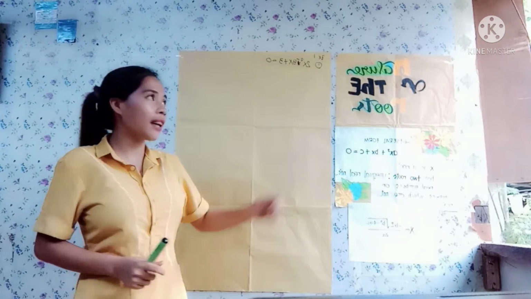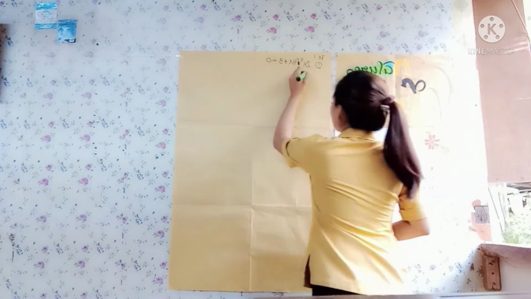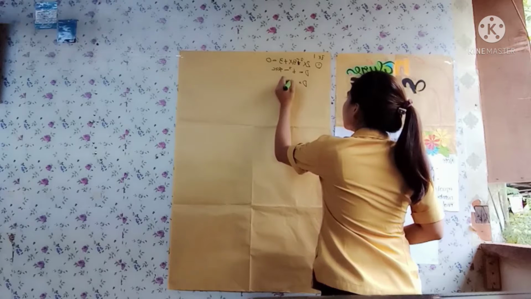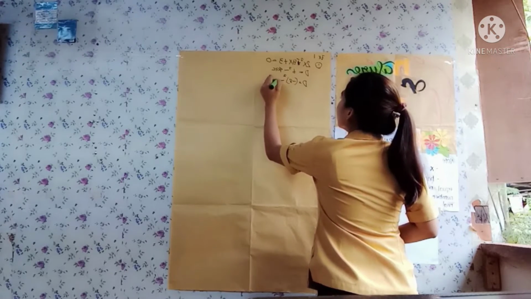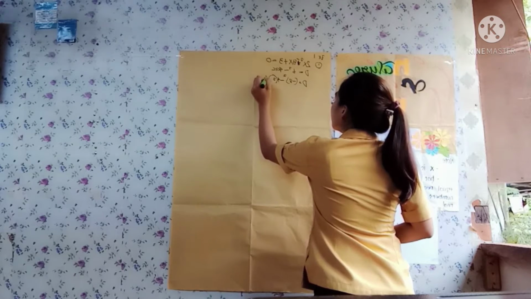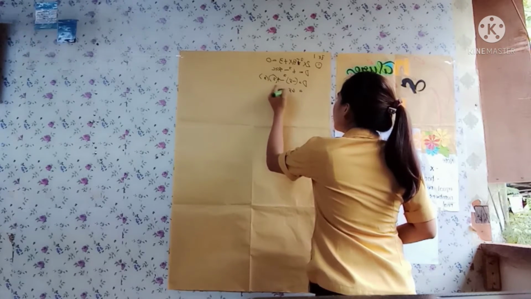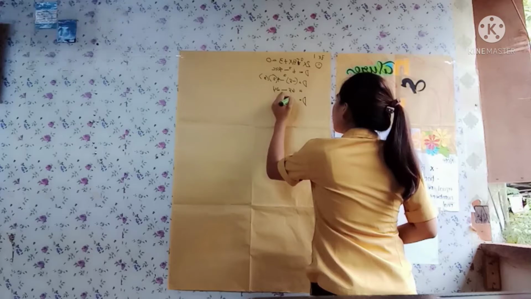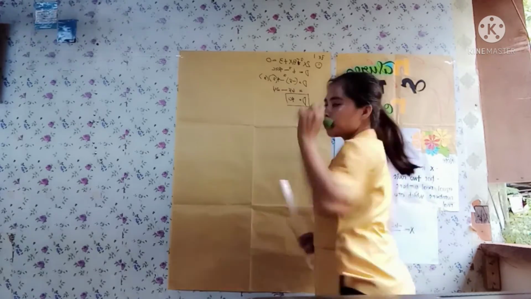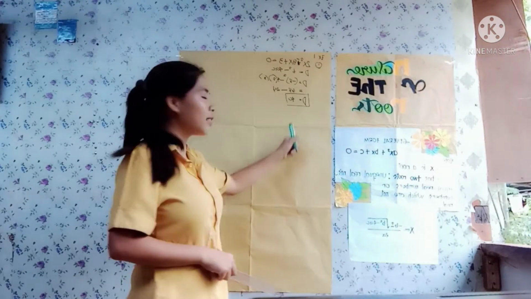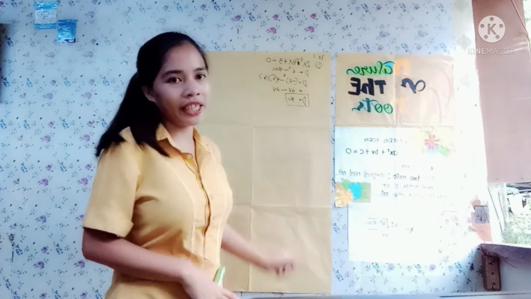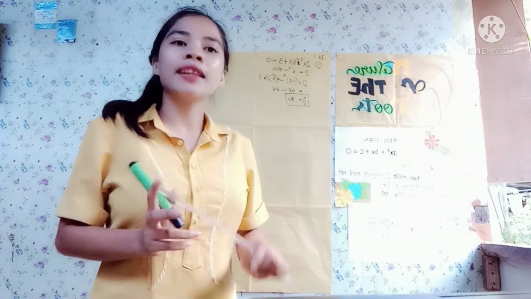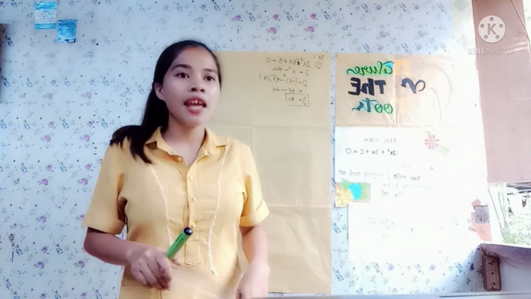So to get the discriminant value, we compute it, and our discriminant is equivalent to 40. Now clearly, the discriminant of the given quadratic equation is positive but not a perfect square. Therefore, the roots of the given quadratic equation are real, irrational, and unequal.